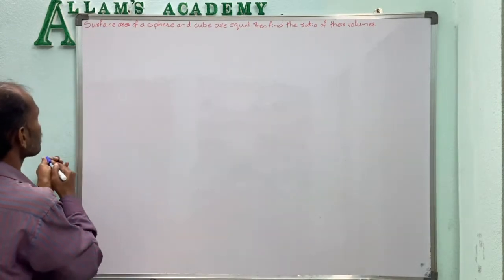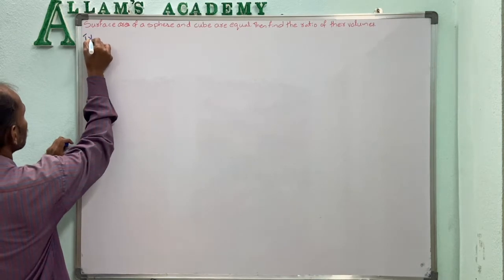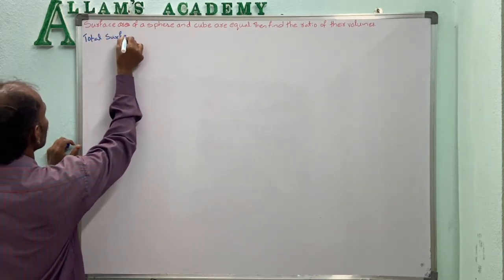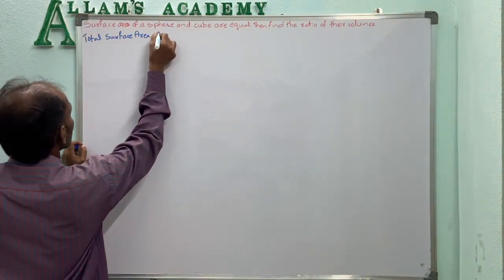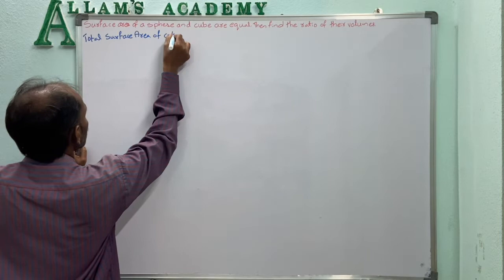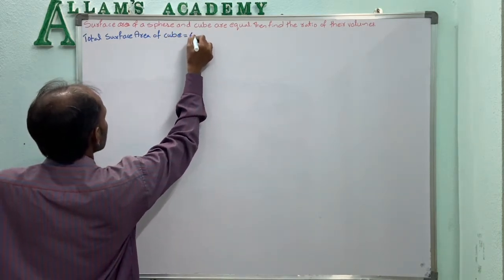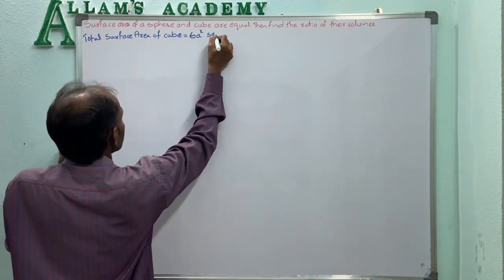So the total surface area of the cube is 6a square units.